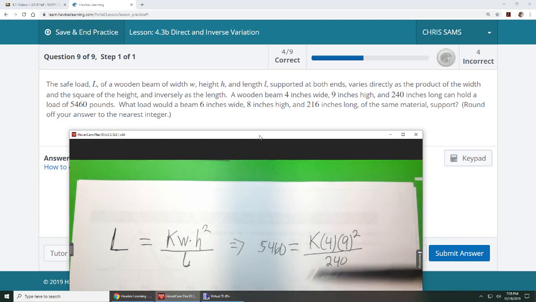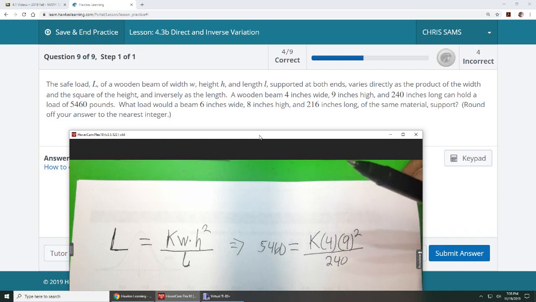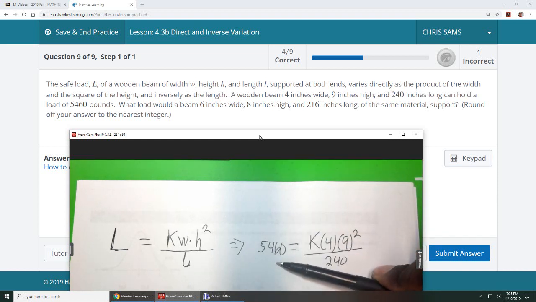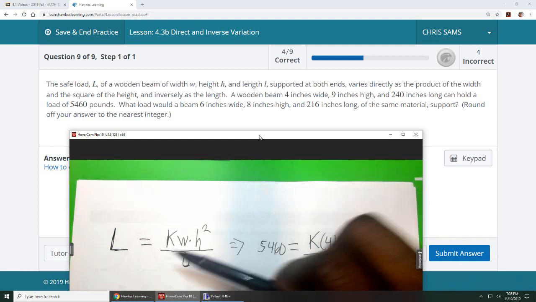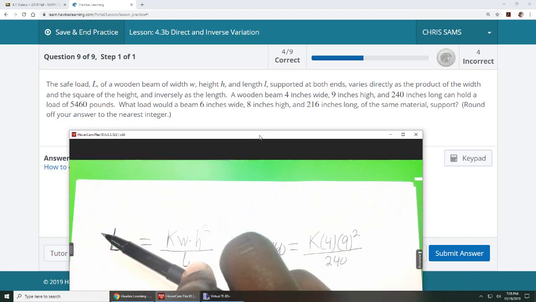And so from here, I'm going to use this equation to find K. And then once I get that, I want to know what the new load would be given the new measurement. So I need to find K.